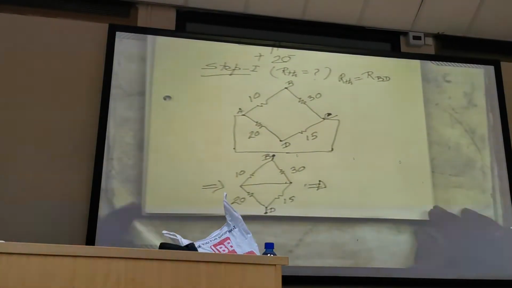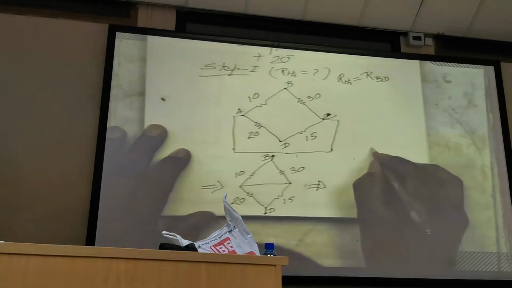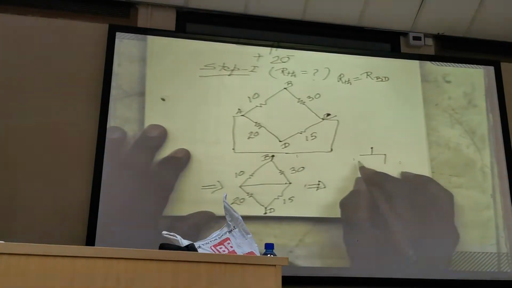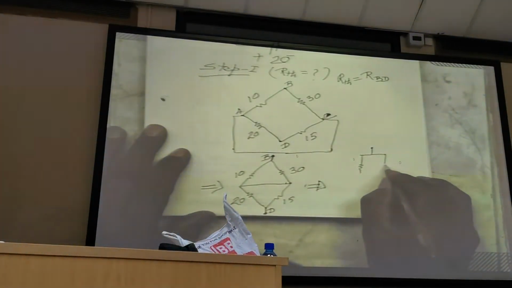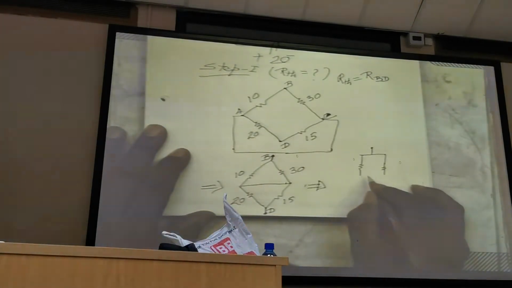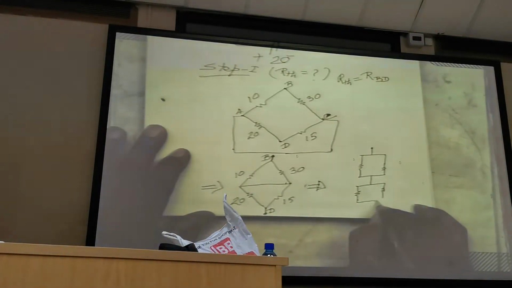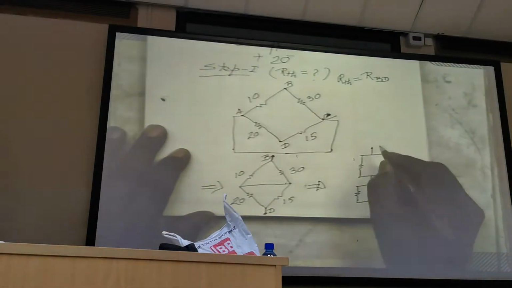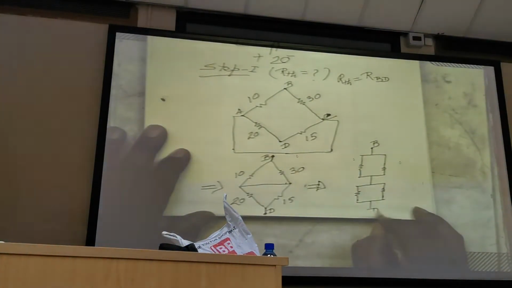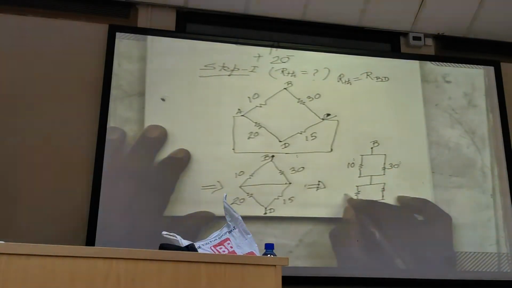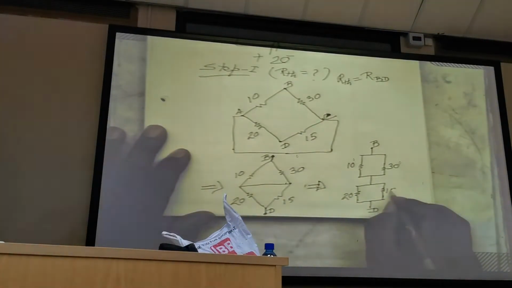So what we are going to do, B is here, right? And we are drawing like that. Tell me if I am right or I am jumping a step. If you feel a little bit overwhelmed, then I need to redraw that. So this is your B, this is your D, this is your 10, this is your 30, this is your 20, and this is your 15.